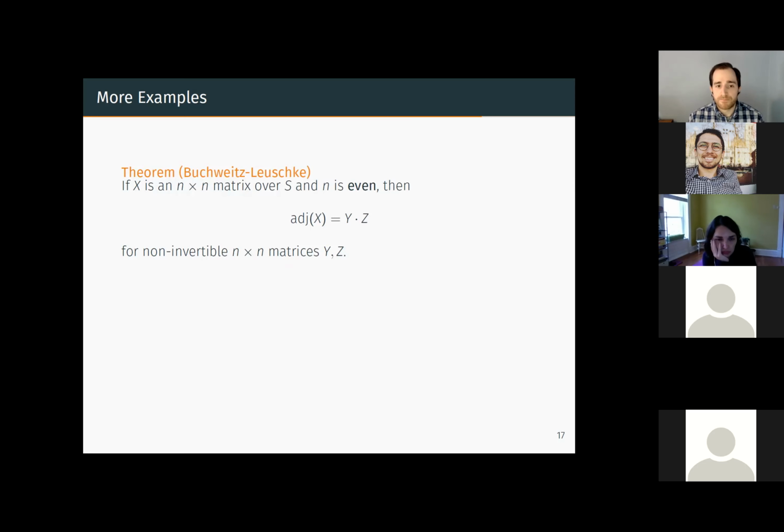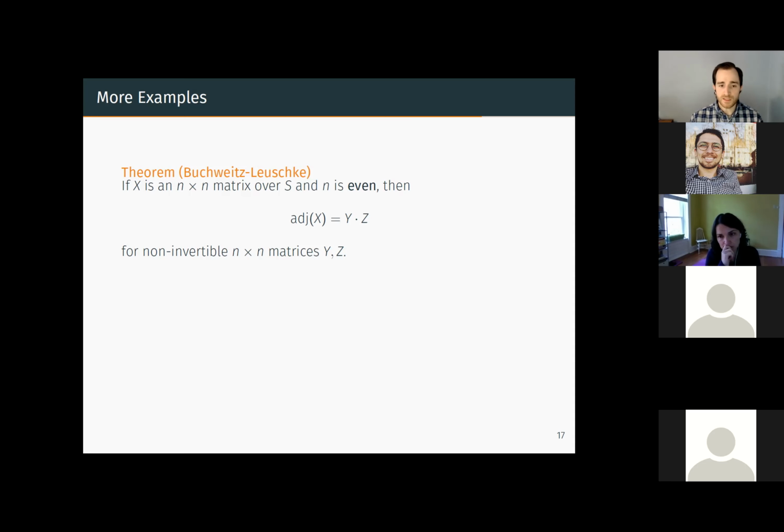Another really unexpected place that these d-fold factorizations, in this case a threefold factorization, turn up is in the paper of Buchweitz and Lusky, which says, and this is a specialization of what they do, that if you have an n by n matrix x over S, where n is even, and that's critical, then you can factor the adjoint of that matrix into a product y times z for some non-invertible matrices y and z.